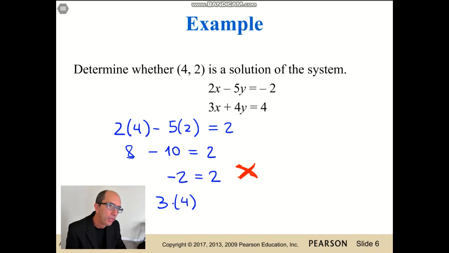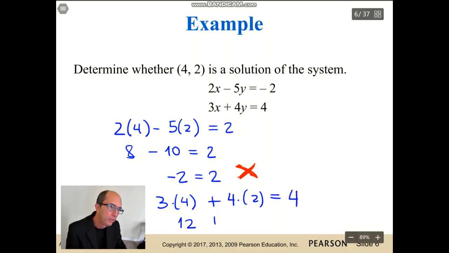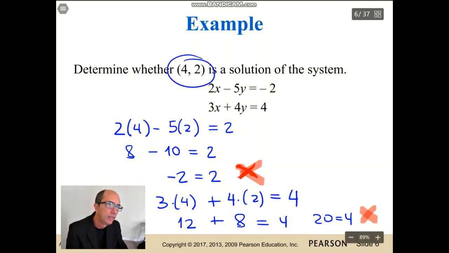I'm plugging in the ordered pair on the next equation. 3 times 4, 12, plus 4 times 2, 8, equals 4. 20 equals 4. Not true at all. That means we can say that this ordered pair here is not a solution.